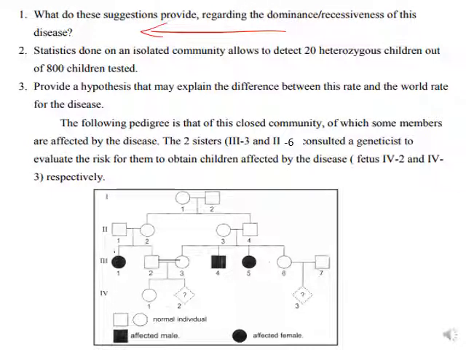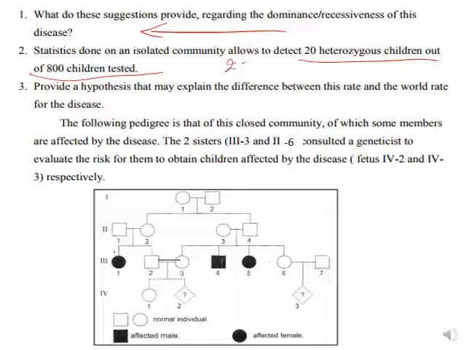Part 2. Statistics done on an isolated community allow to detect 20 heterozygous children out of 800, sorry. So 20 over 800, this is the frequency of being hybrid or heterozygous in the community.